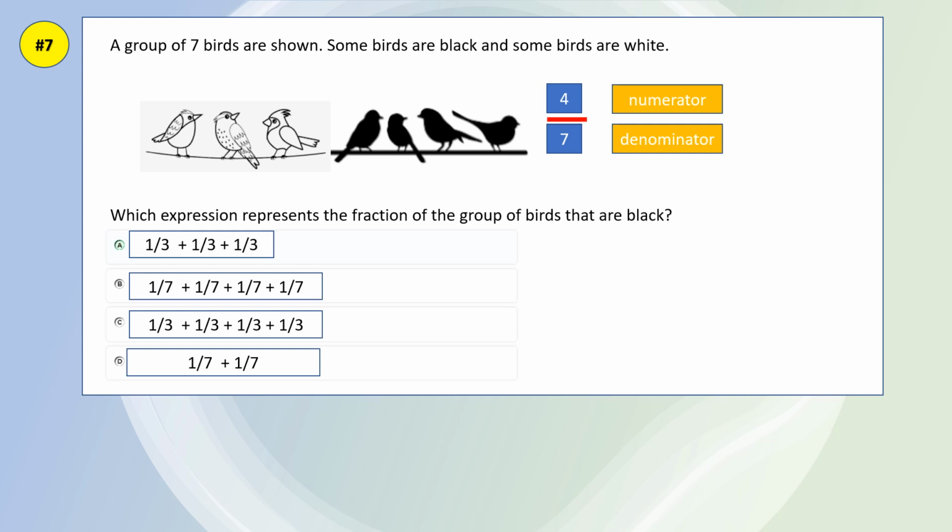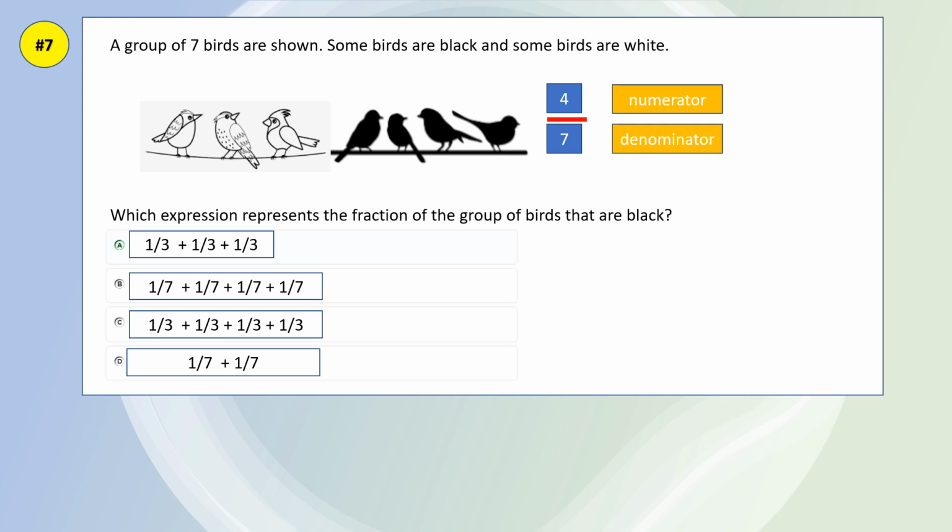So that means the fraction of birds that are black are 4/7. Now, I have to figure out which one of these equations of unit fractions, because remember, unit fractions have ones in the numerator, always. What equation of unit fractions represents 4/7?